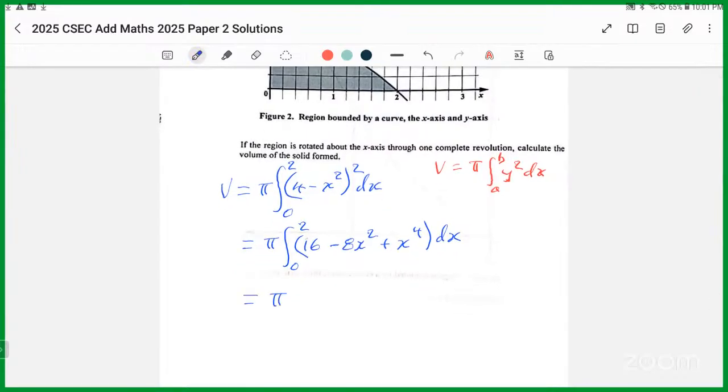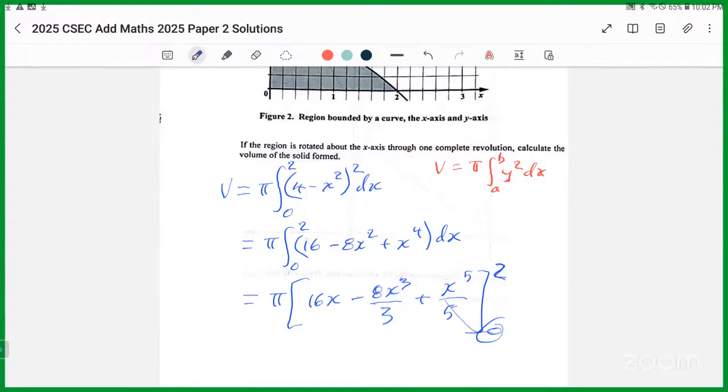So pi times the integral of 16 is 16x. For this one, add 1 to the power, get 8x cubed over 3. With this one, we're going to get x to the 5th power over 5 between 2 and 0. Now what's going to happen here?